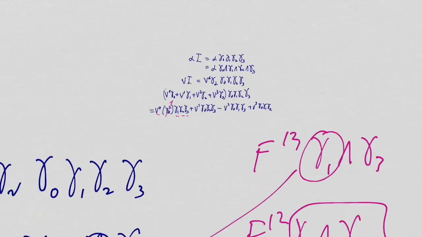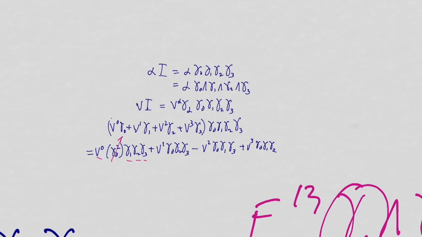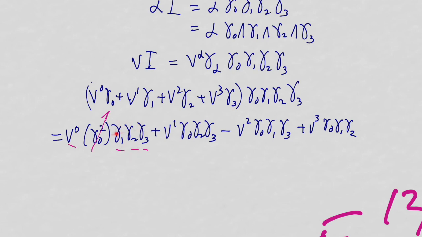And this was also true when we did the vector, right? When we looked at the vector, we started with, say, V0 gamma 0, but when we did that calculation, we ended up with the trivector that had 1, 2, and 3 in it and no 0.